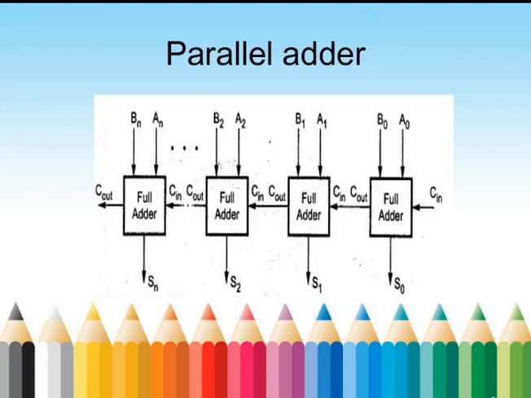For the LSB full adder, that is our first full adder circuit, it consists of an initial input carry Cin. Normally this Cin is 0. Then the first full adder circuit has input variables A0 and B0. It will produce the output sum, the initial sum, that is S0, and it produces the output carry Cout.